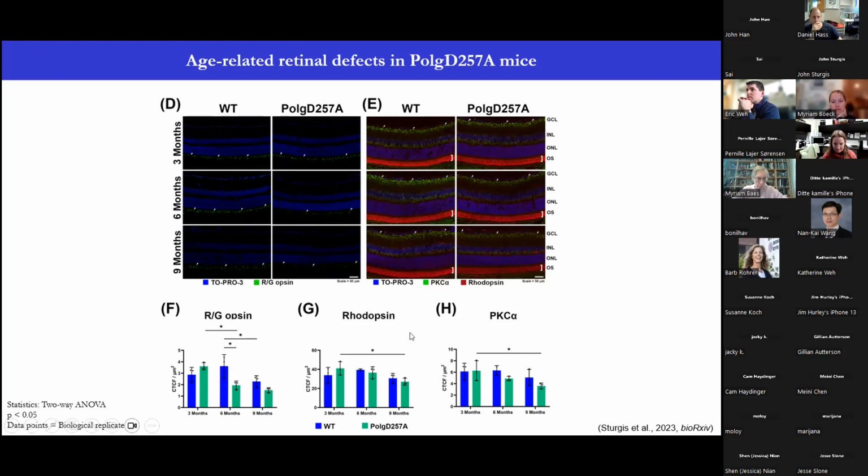With rhodopsin and PKC alpha, rhodopsin is our rod photoreceptor marker, and PKC alpha is the marker for bipolar cell synapses. We saw a reduction, but it was only reduced with aging. It wasn't reduced between the genotypes at a specific age.